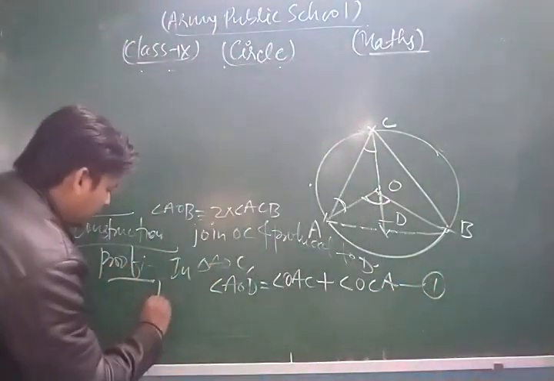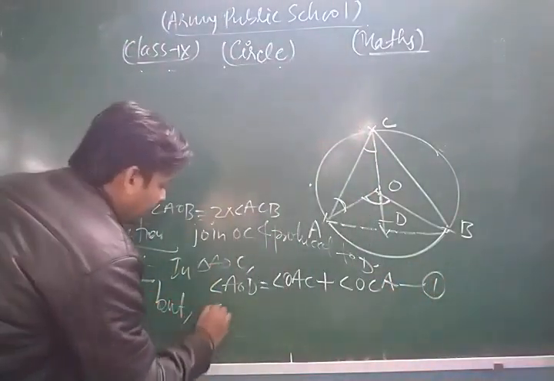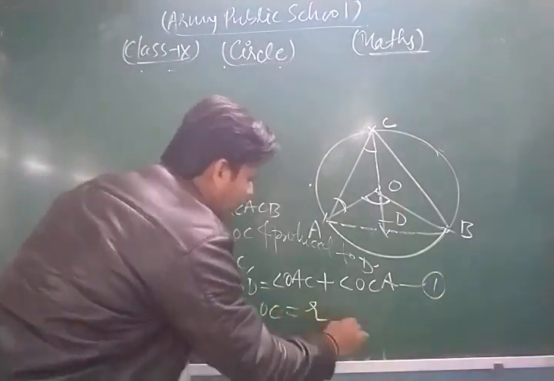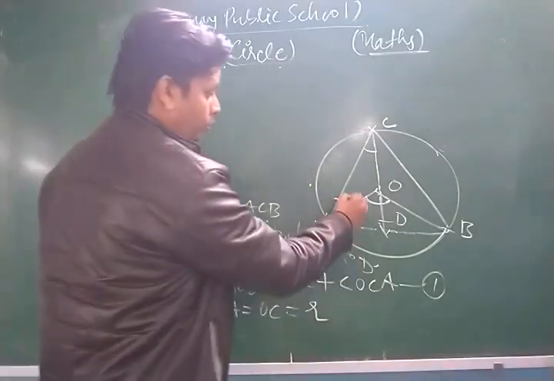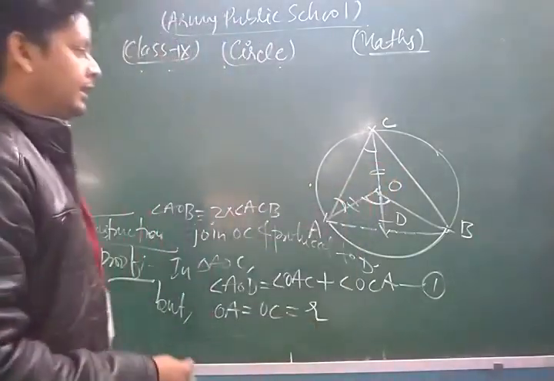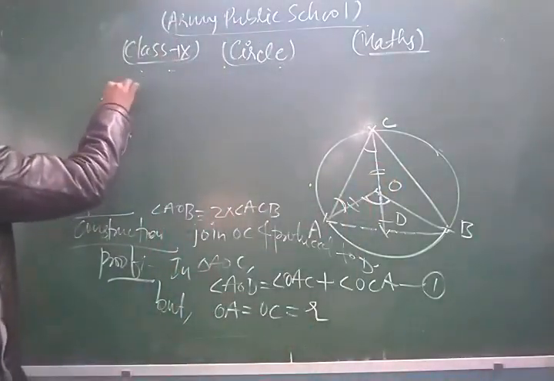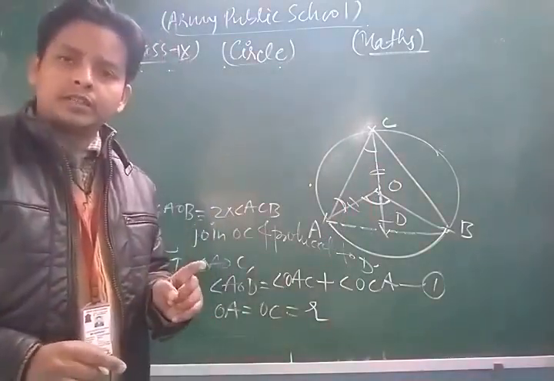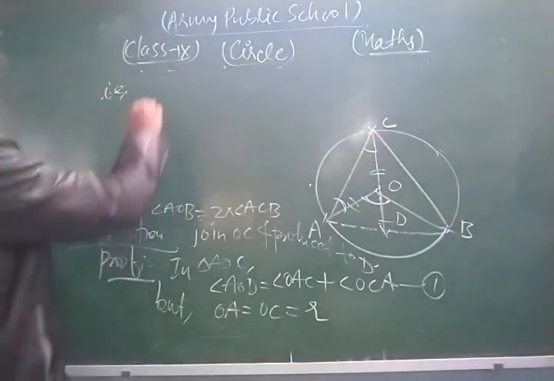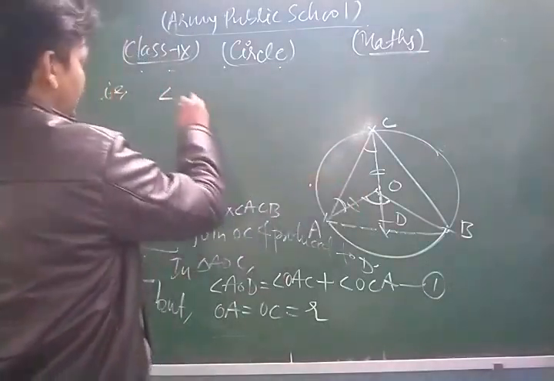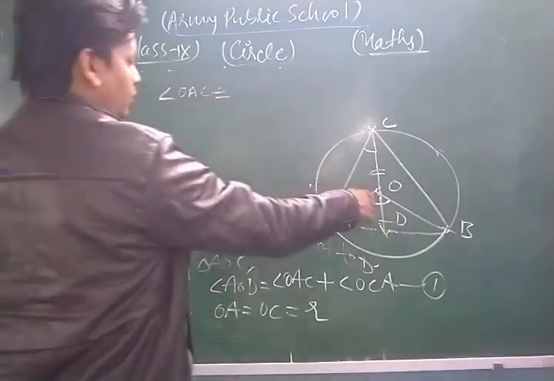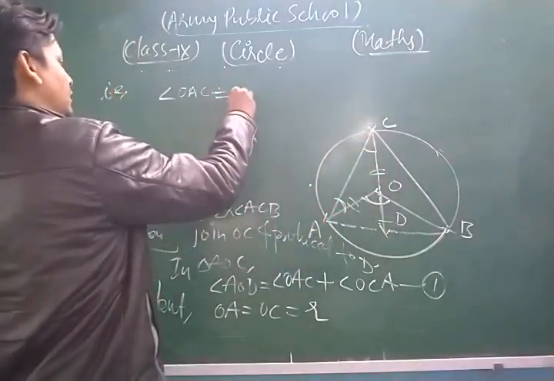From the figure, OA is equal to OC, which is equal to R, the radius. We know that angles opposite to equal sides are also equal, so angle OAC is equal to angle OCA.